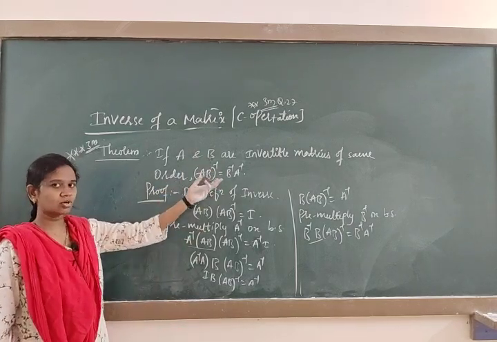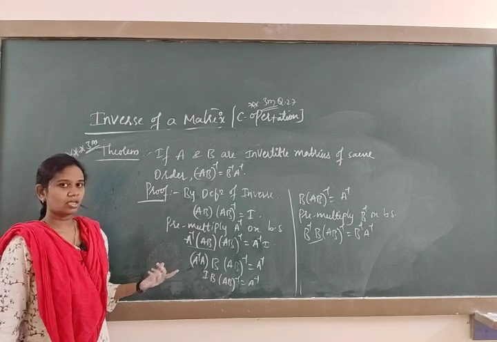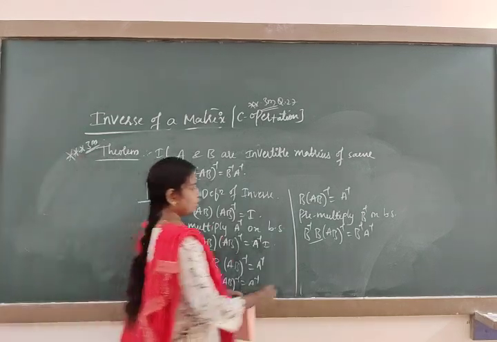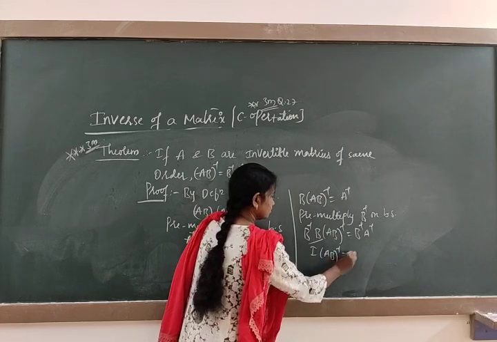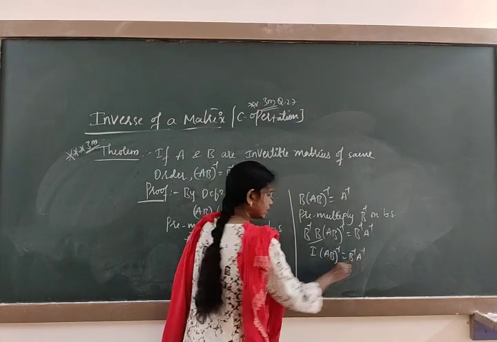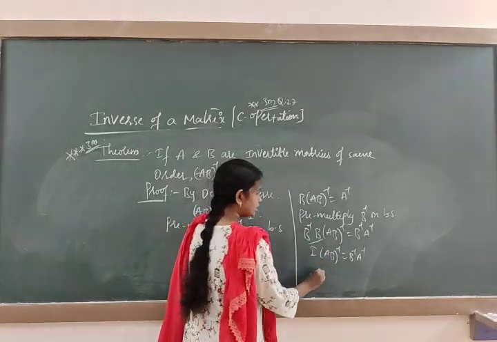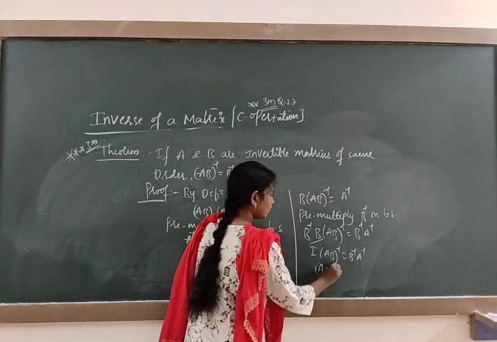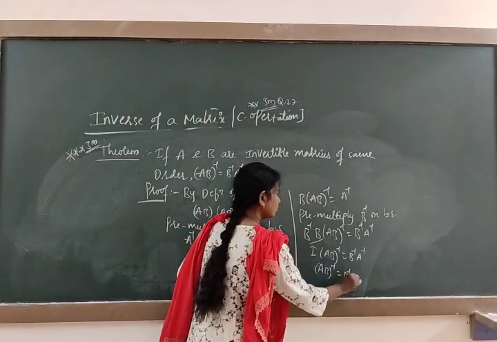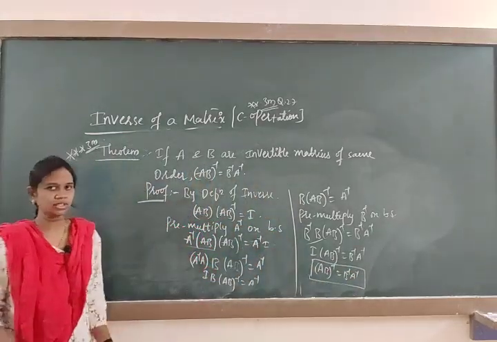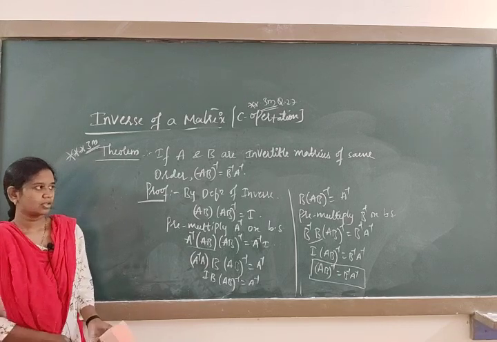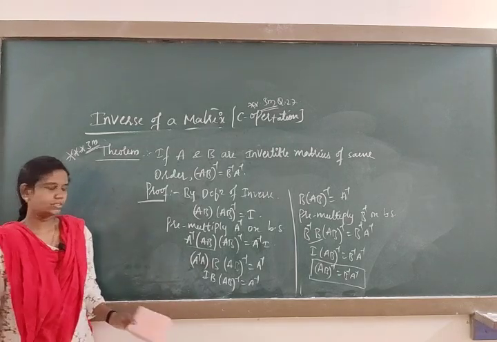What is the definition of inverse? A inverse into A, similarly B inverse into B means I. Think of this one as 1. 1 into something is something. So write here AB whole inverse equal to B inverse into A inverse. It's too easy, only pre-multiplying A inverse and B inverse. This was the theorem and hence proved.